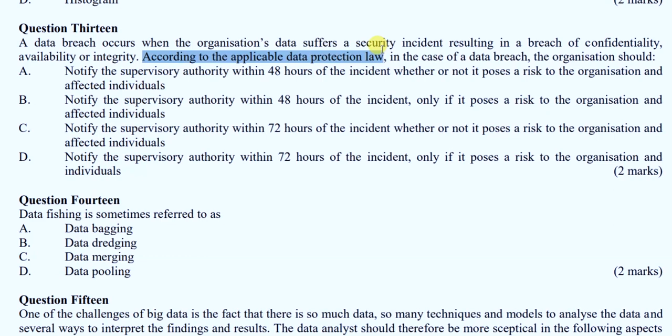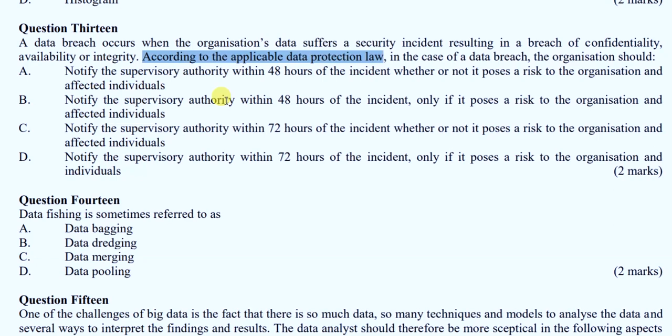But going by the wording in the question, it is quite clear the question tested the candidate's knowledge on the General Data Protection Regulation, which is understandable, because the Data Protection Act in Kenya borrows heavily from the General Data Protection Regulation.